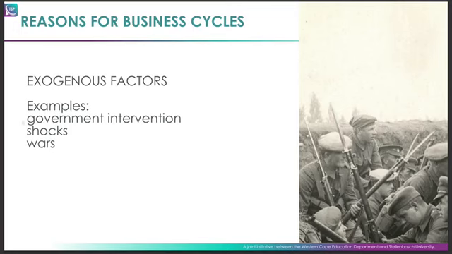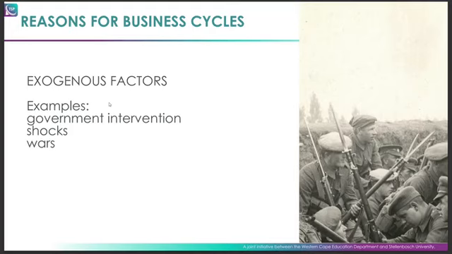Examples of this intervention from outside are government intervention, shocks, as well as wars, right? The economists who follow this school of thought are also known as the monetarists, and they believe that the market is stable and you don't need any outside intervention.